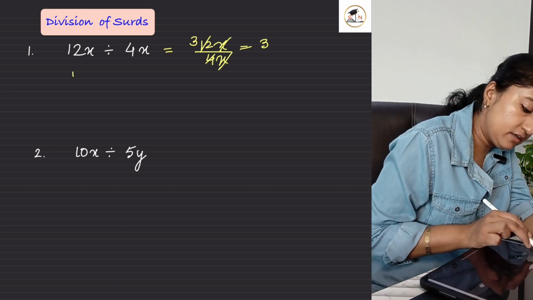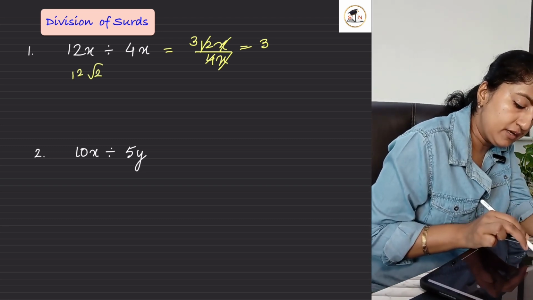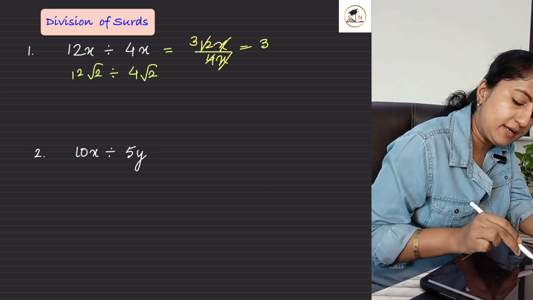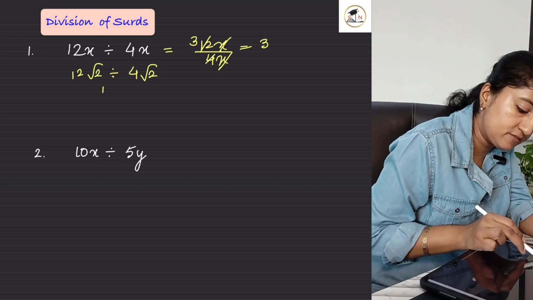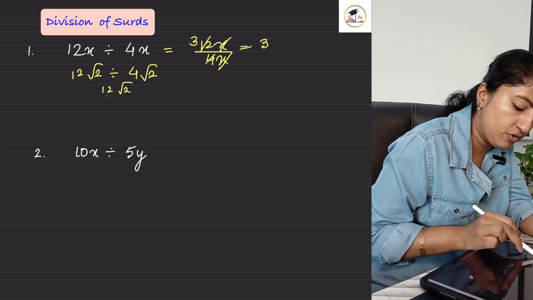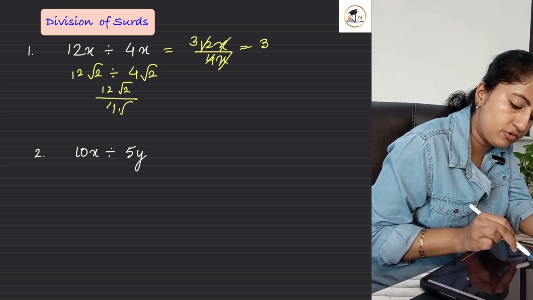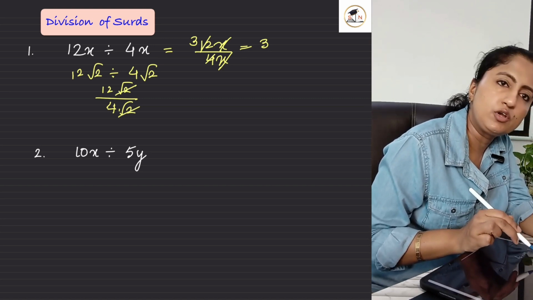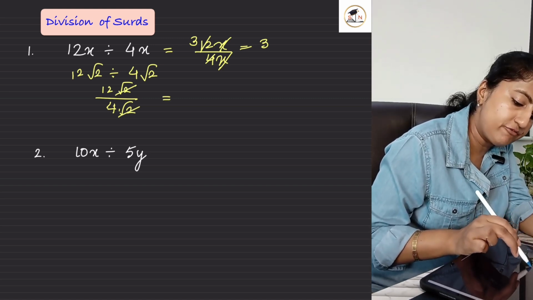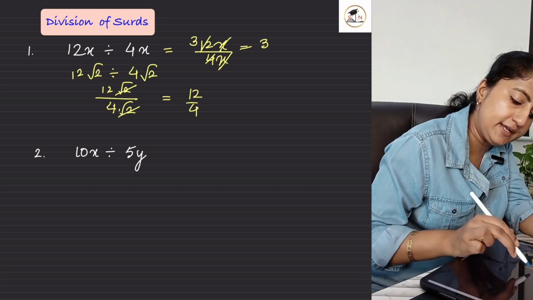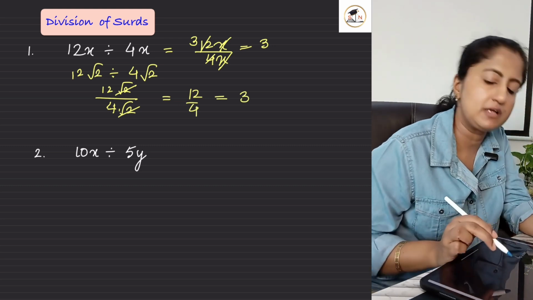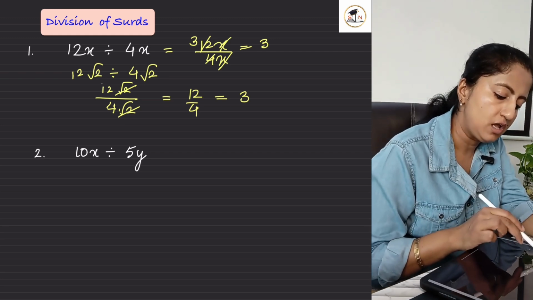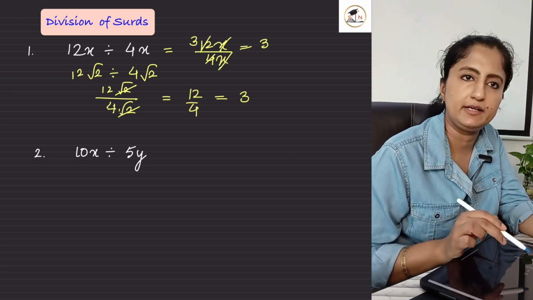Now, if I write 12 root 2 divided by 4 root 2, writing this in fractional form gives me 12 root 2 over 4 root 2, right? So now, root 2 and root 2 get cancelled. 12 over 4 will divide, and hence I get the same answer as 3. So here we learned how the same roots can divide.